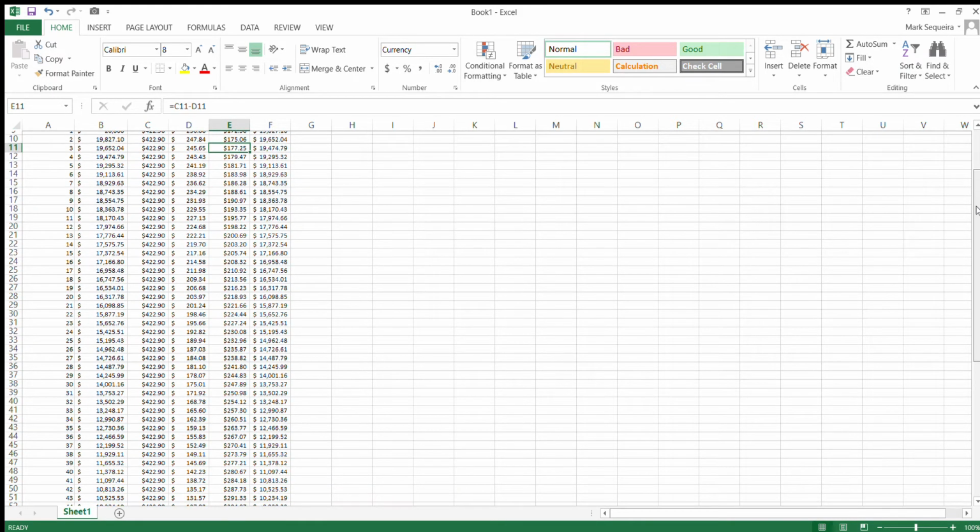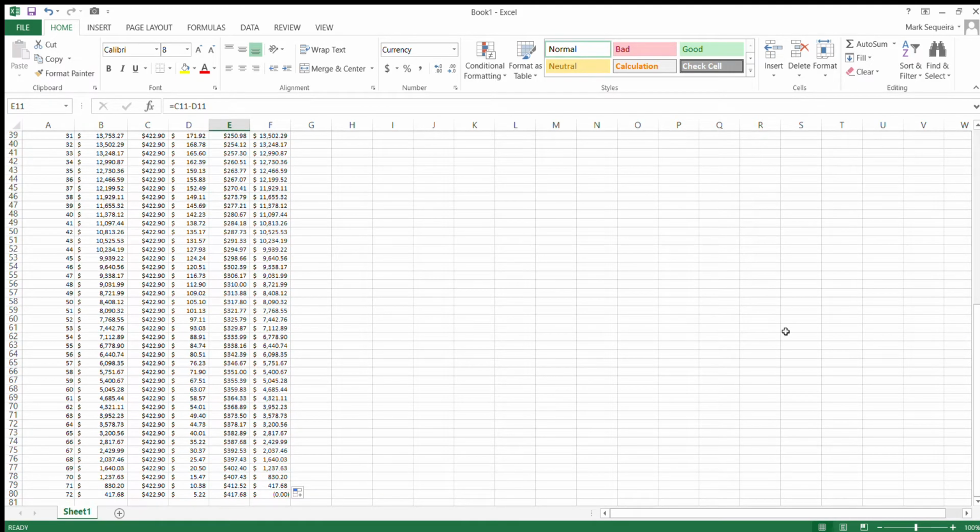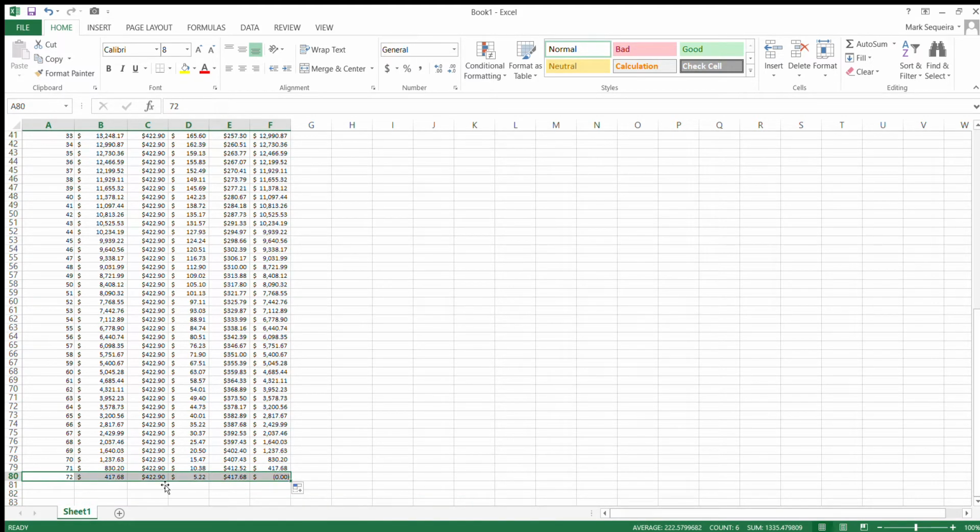Now if we scroll all the way down, what will we see? Eventually, near the end, almost none of it is going to interest and almost all of it is going towards paying down your principal balance. In the very last month, you have $417.68 left to pay.